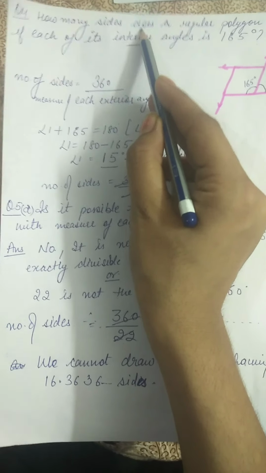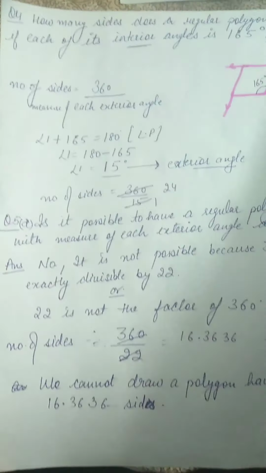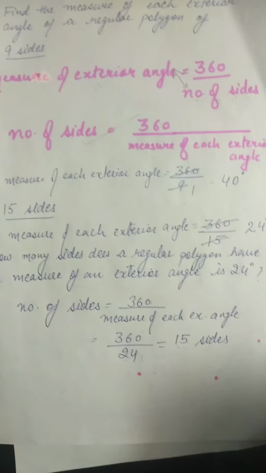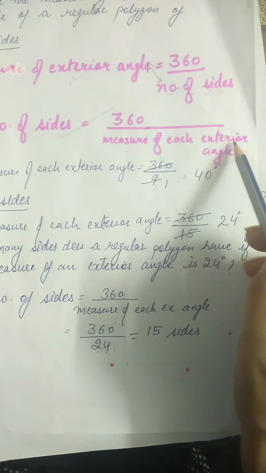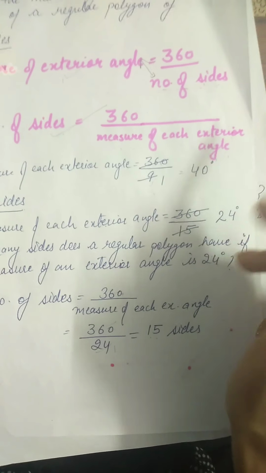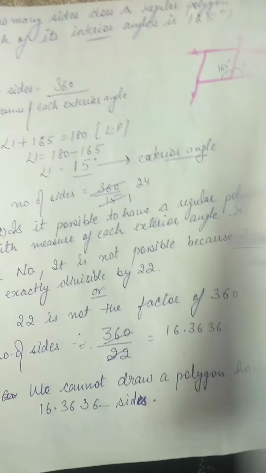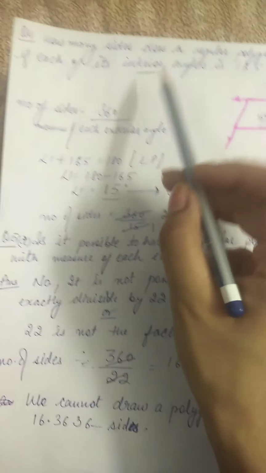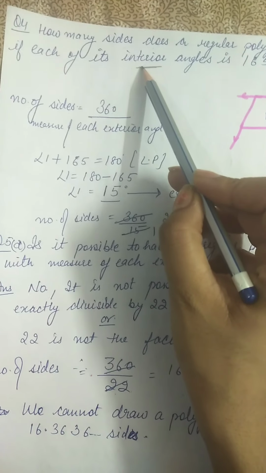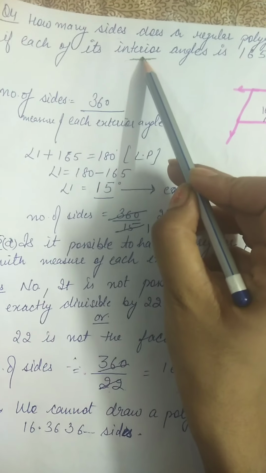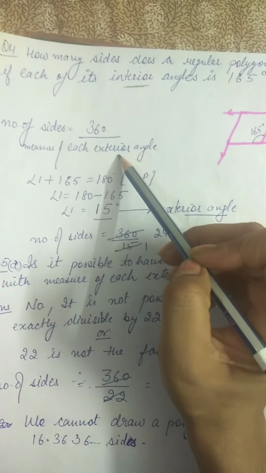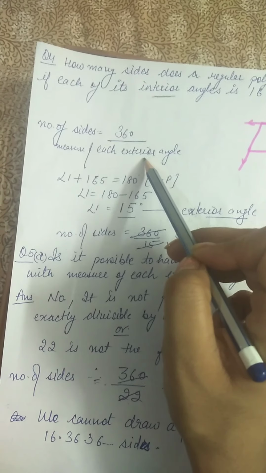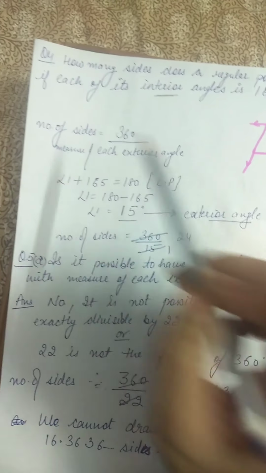That means which formula will you use? The number of sides is equal to 360 divided by the measure of each exterior angle. But in this question, you have not been given the exterior angle. You have been given the interior angle. So the first thing is, you will find the exterior angle and then put the value in the formula.